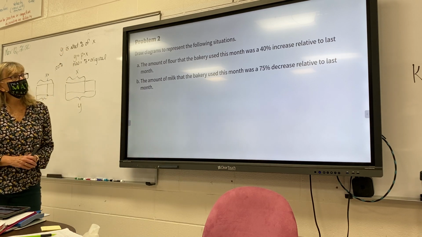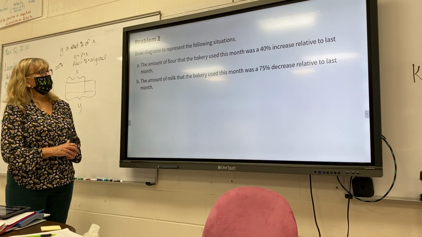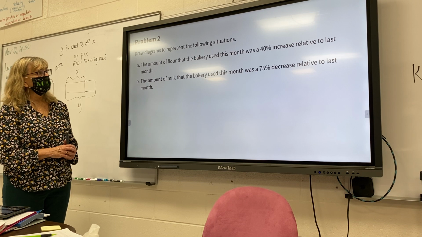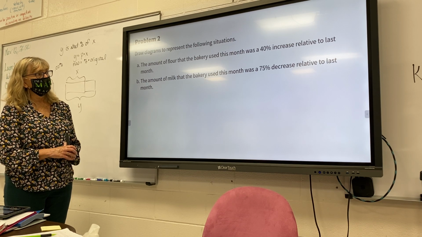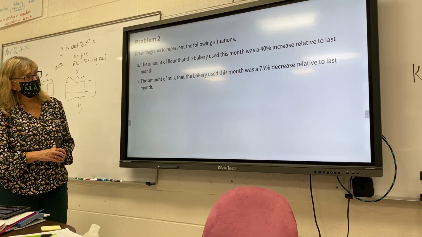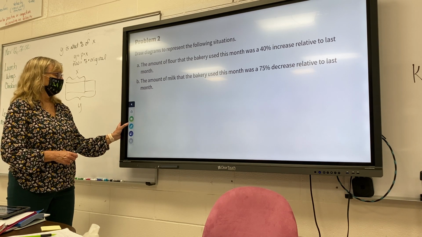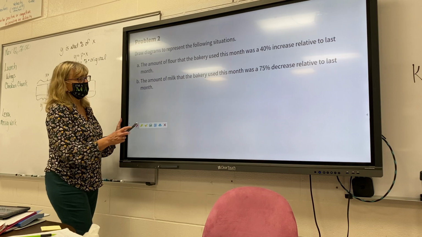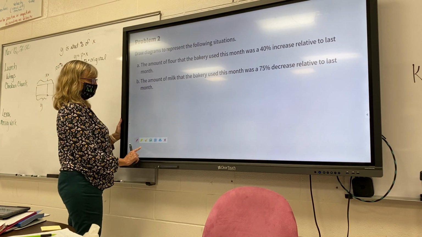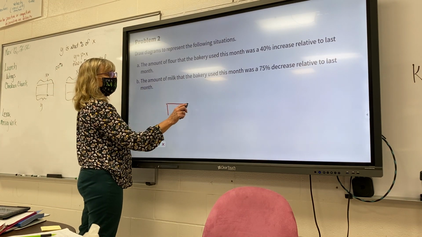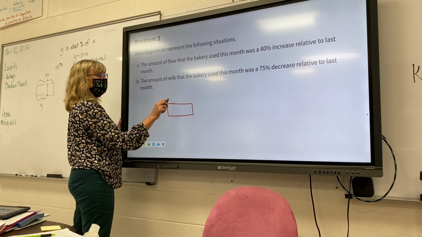Draw diagrams to represent the following situations. The amount of flour that the bakery used this month was a 40% increase relative to last month. All right, what does an increase look like? Am I adding on to X or am I taking away from X?